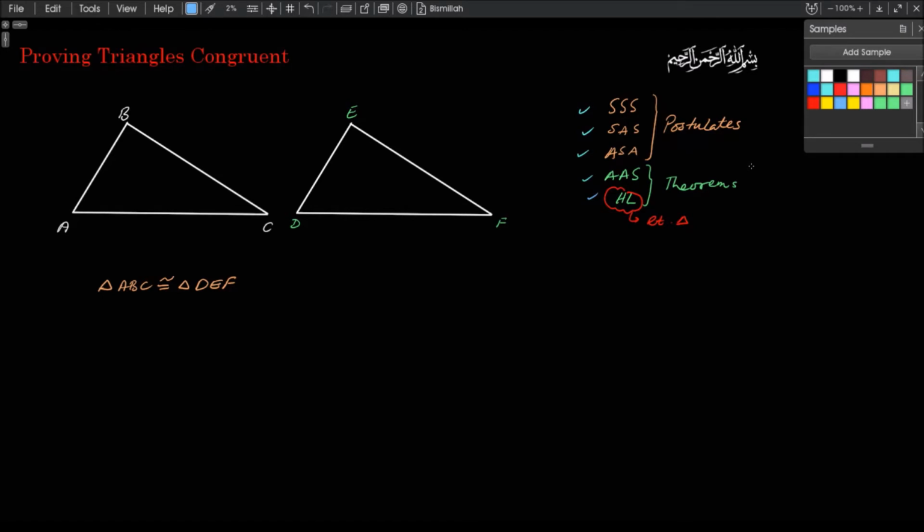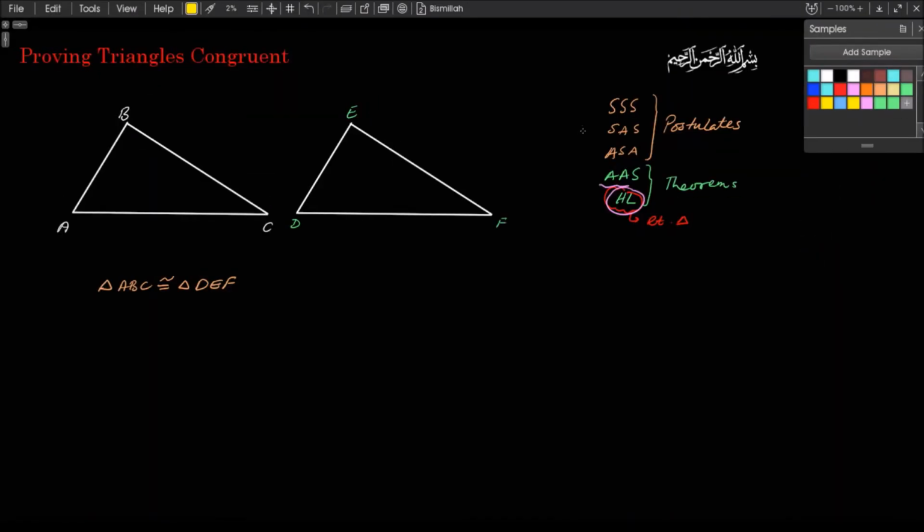If you're asked to prove two triangles to be congruent, in your proof, you can simply say side, side, side; side, angle, side; angle, side, angle; angle, angle, side; and hypotenuse-leg.